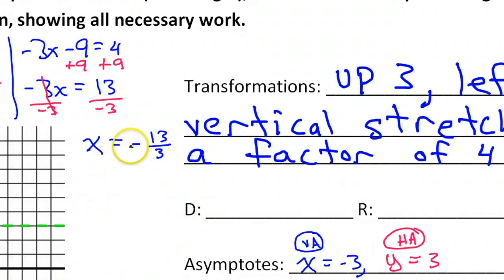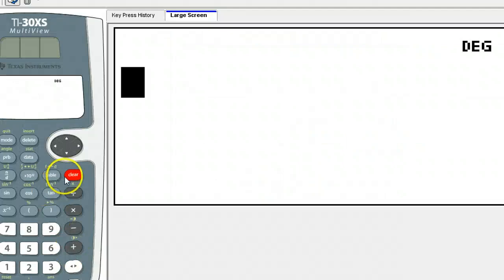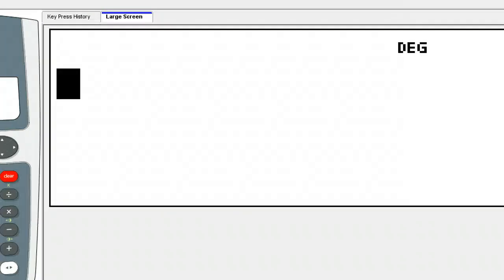The x-intercept, since this is the x value, since this is the x-intercept, I'm going to put this for my x value. Negative 13 over 3. The y value, of course, is 0. I might as well graph this as well, but I need a decimal. So negative 13 over 3.